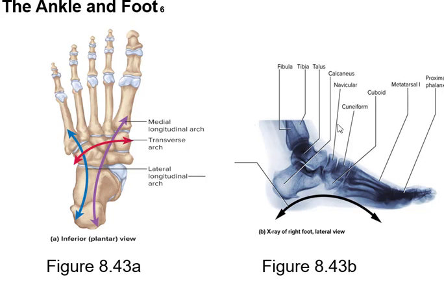Here's an x-ray of the foot, and it names all the bones. Again, if you're going to be going into radiography, you need to learn this. All the bones, which ones make up the arch, the calcaneal. Here's the tibia coming down on the talus. There's your metatarsals, your phalanx.